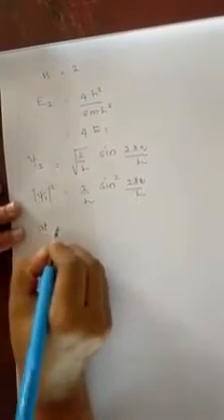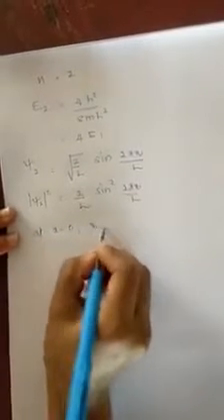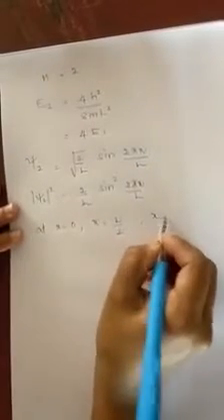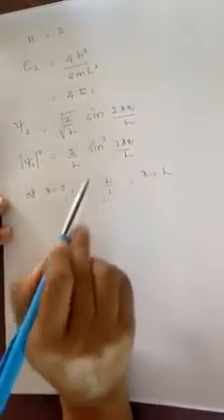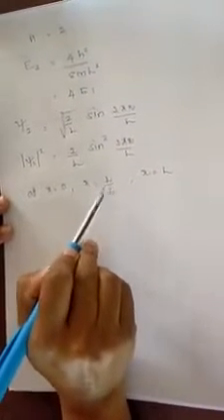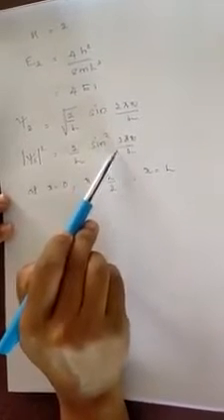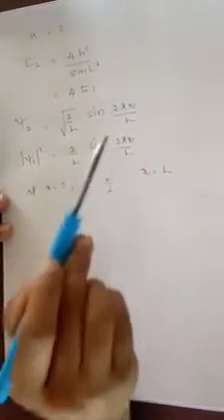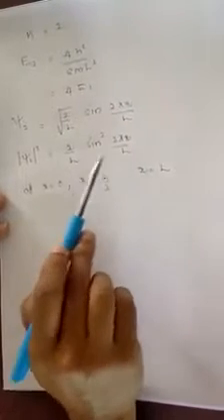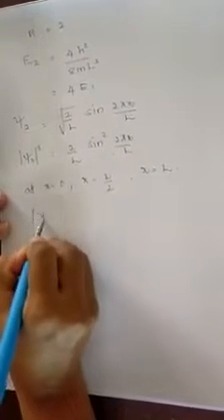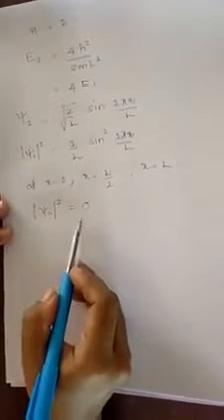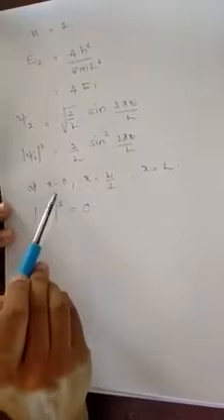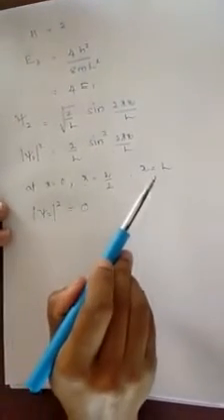At x equal to 0, x equal to L by 2 and x equal to L, let us see what happens. At x equal to 0, this term becomes 0, and at x equal to L by 2 and x equal to L, it becomes a sin n pi term, that is mod psi 2 square equal to 0, which implies the probability to find the particle at x equal to 0, x equal to L by 2 and x equal to L is 0.